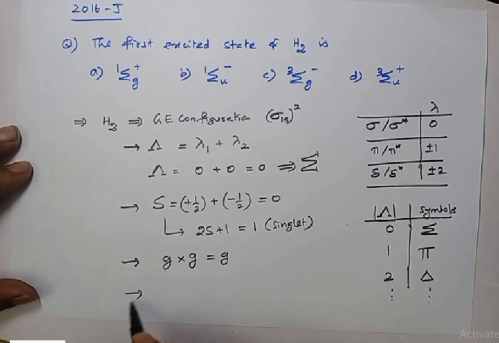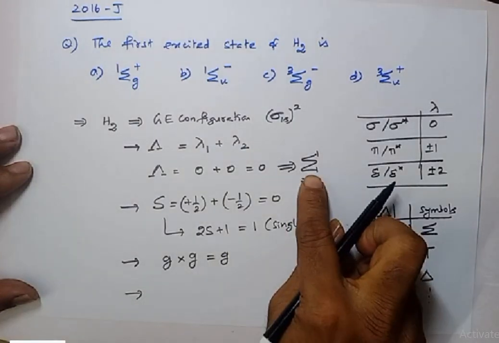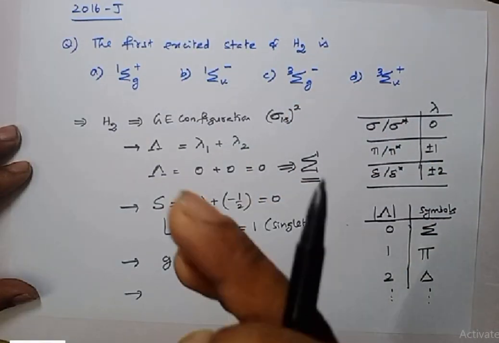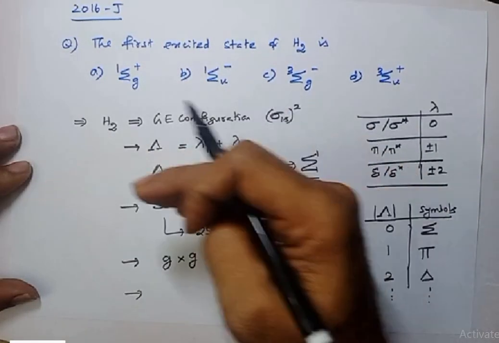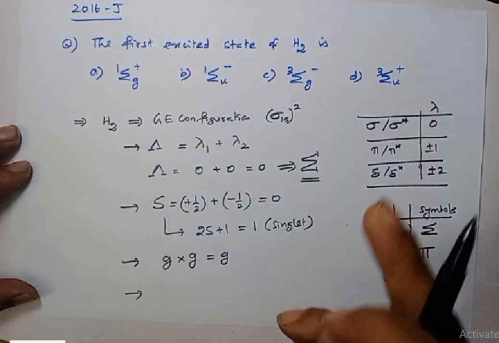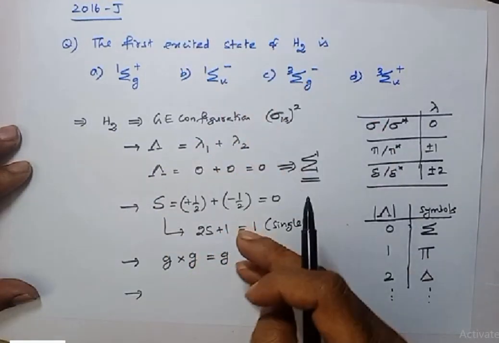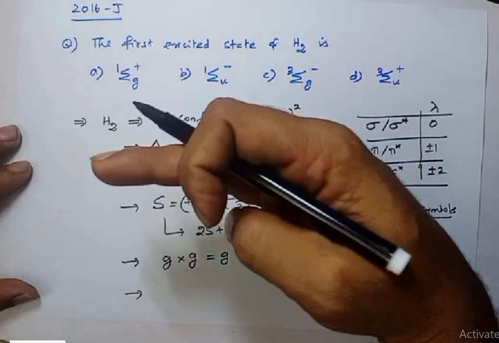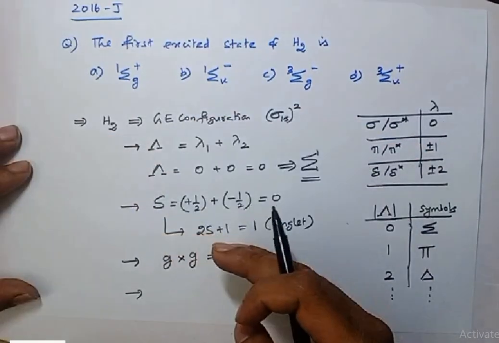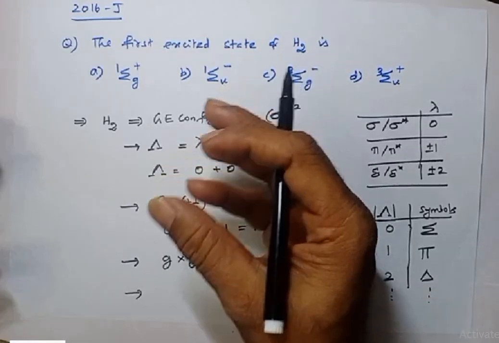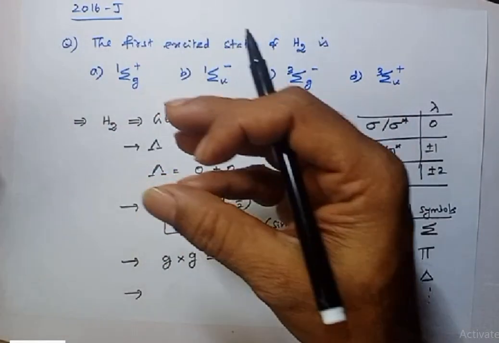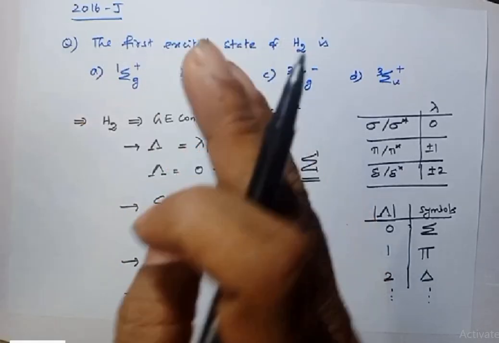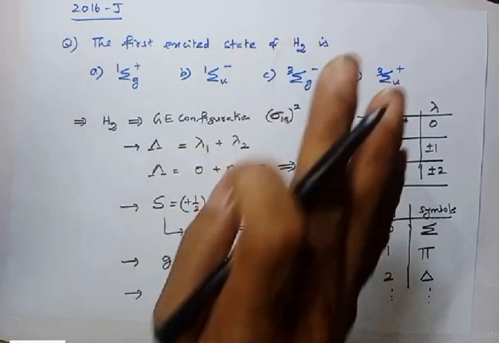Okay, then since the electronic state symbol is sigma, we should find out plus or minus. That is, we should see reflection about the internuclear axis. For sigma orbital as well as sigma star orbital, since they are cylindrically symmetrical, if you do reflection along the bond axis, it appears symmetric.